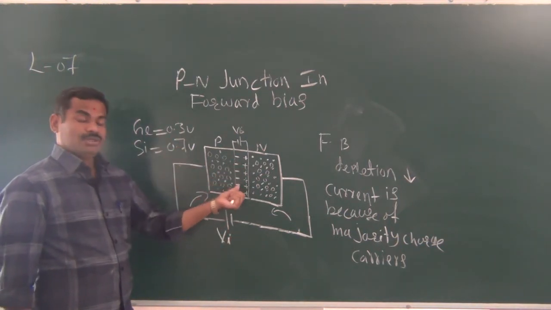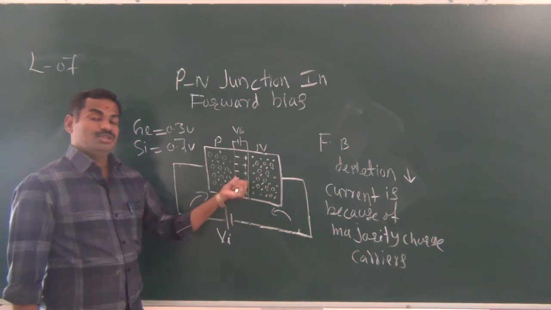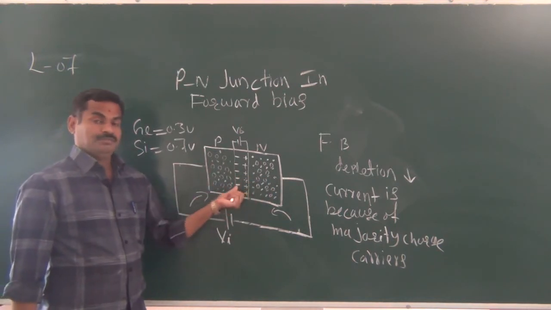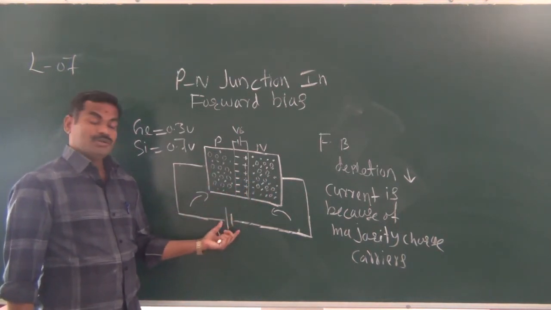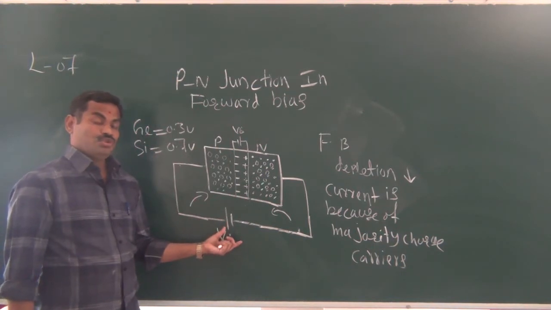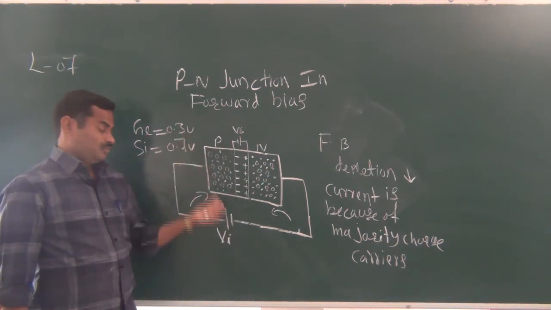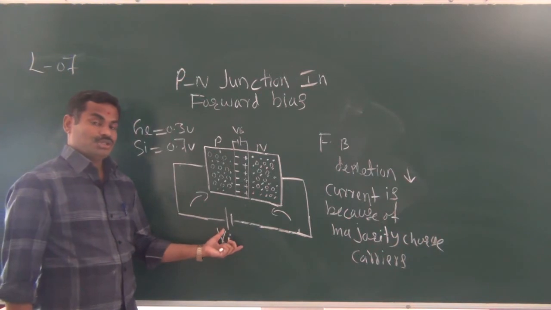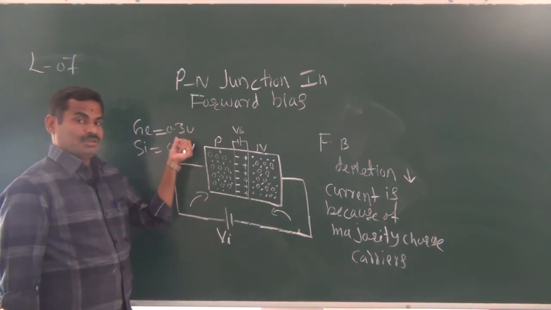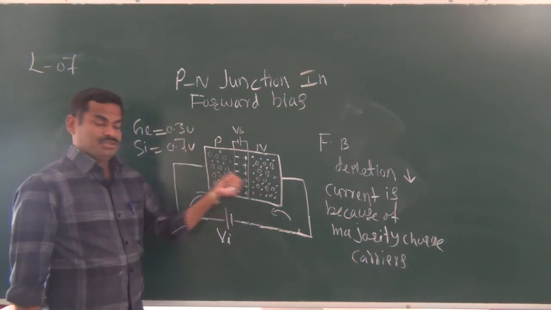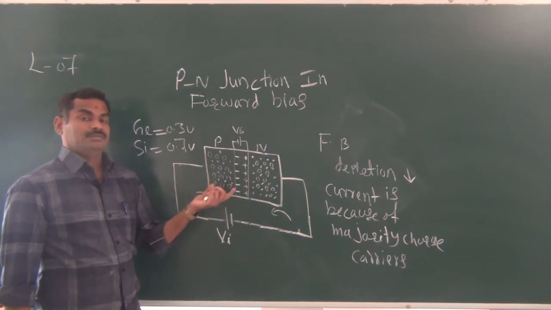Then only the barrier potential vanishes and current will move very easily. We have to apply an external voltage that should be more than the barrier potential. Then only the electrons and holes will move very easily and give more current.